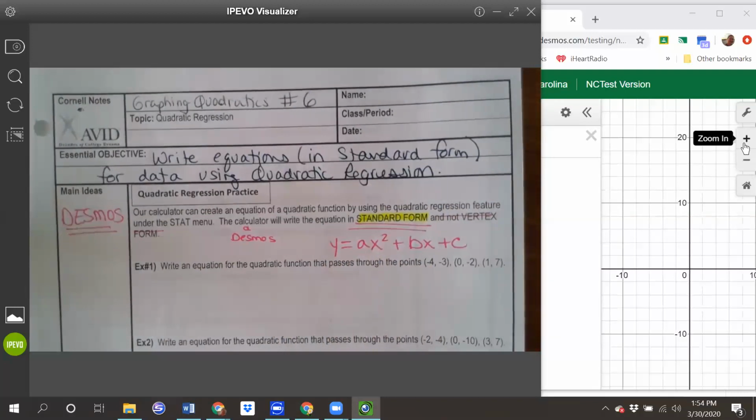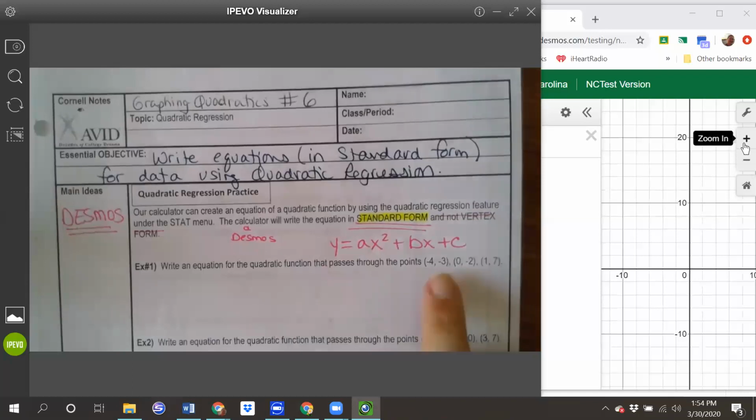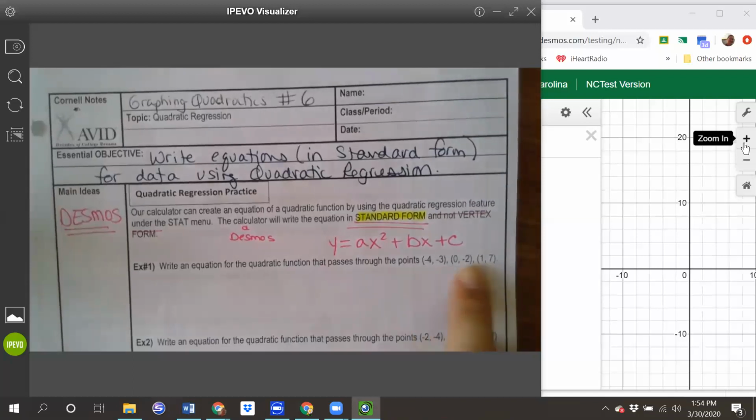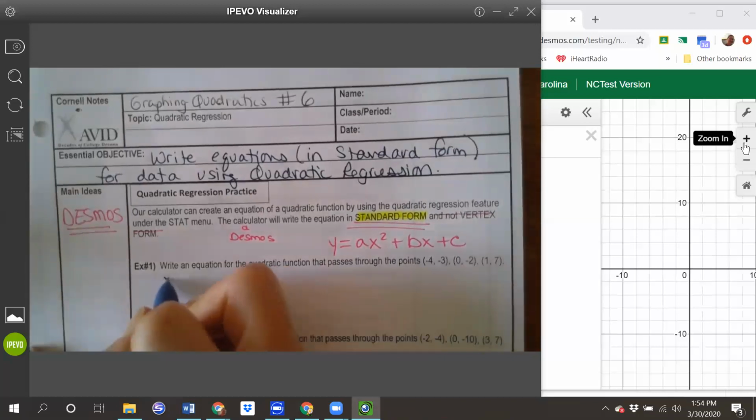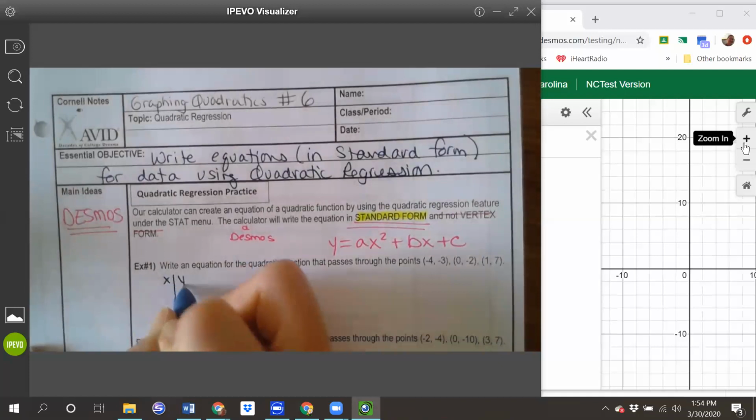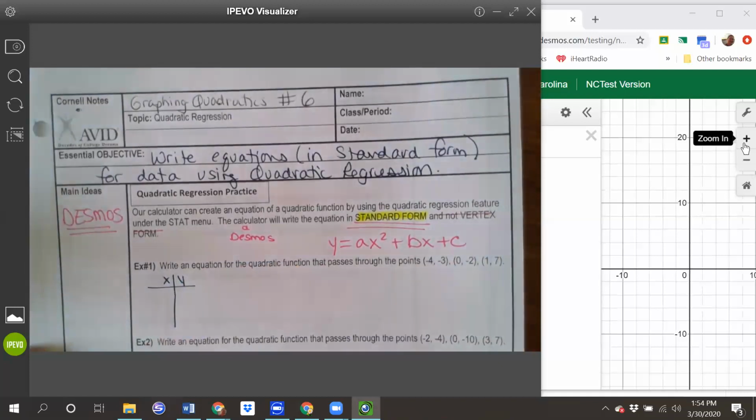We use quadratic regression when we are given data. Do you see how we have these points here? For number 1, I'm going to take a second and convert those coordinates into a table of values.